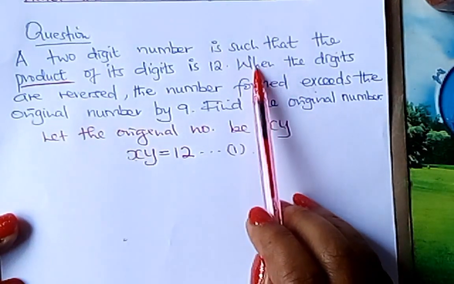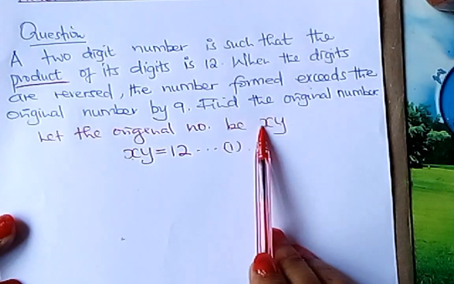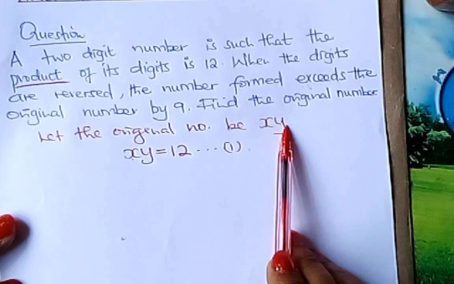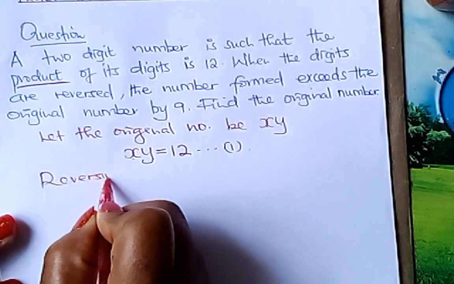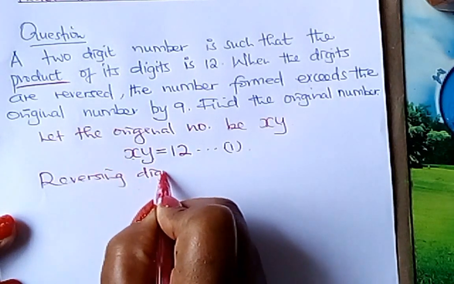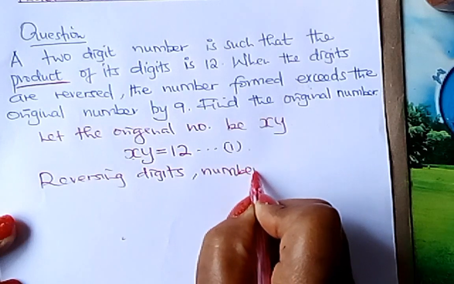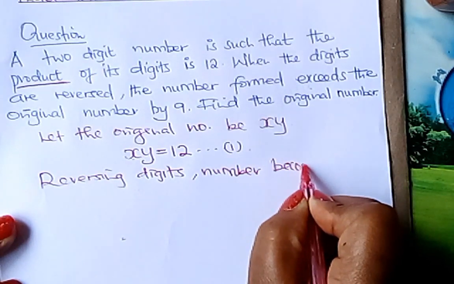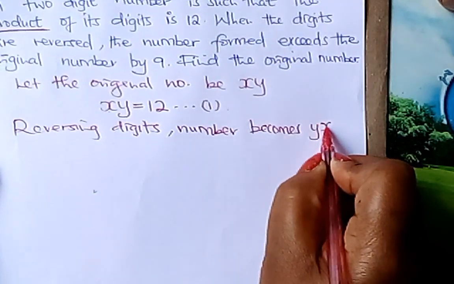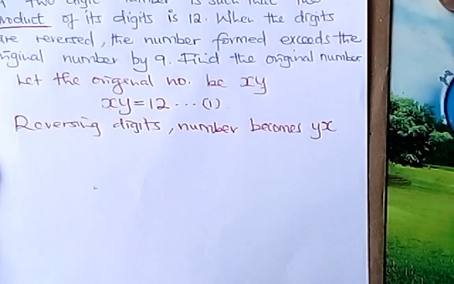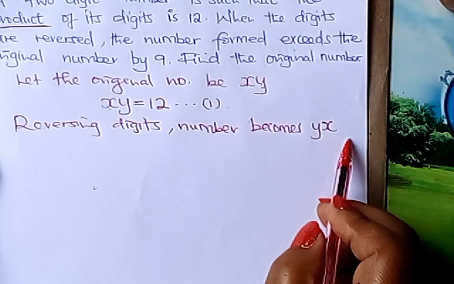We go to the second sentence. When the digits are reversed, what will the number be? Reversing the digits, the number becomes yx.